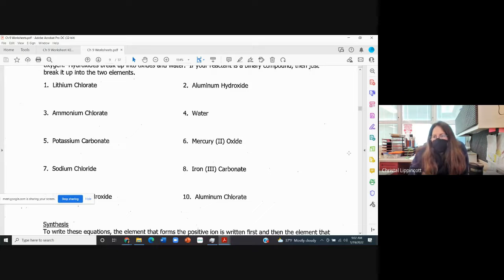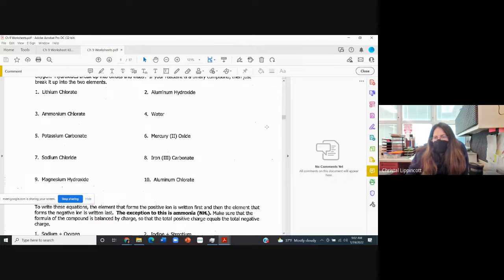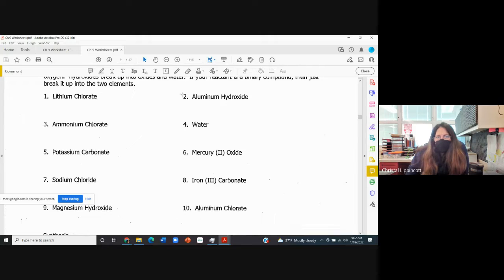So you should be comfortable at this point being able to write the formula for lithium chlorate. So using your periodic table, figure out how to write lithium chlorate. So lithium is Li, figure out what chlorate is, bring them together, make a compound. Go.